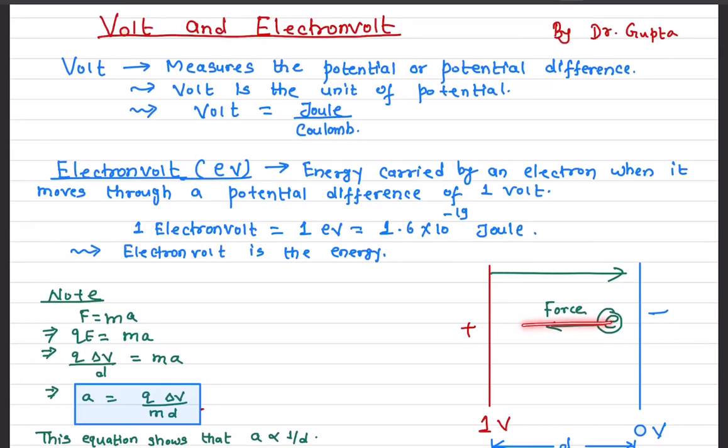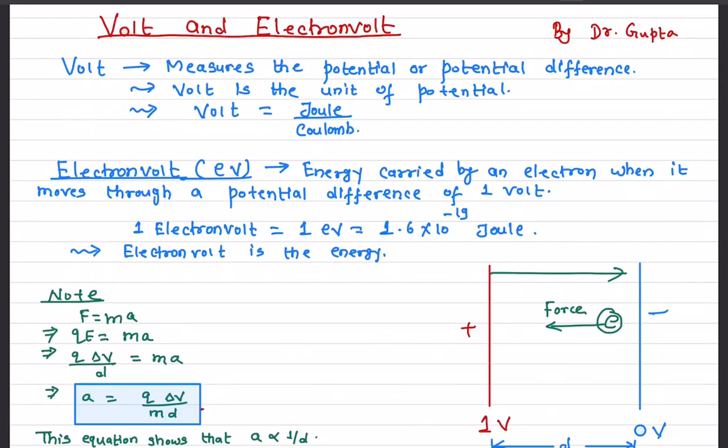That means there is a stored potential energy in the electron because it has the ability to do work. It wants to move away from this one. That means it does have the stored potential energy. So the potential energy stored in this electron when it is placed in a potential difference of 1 volt is called 1 electron volt, or simply the electron volt.